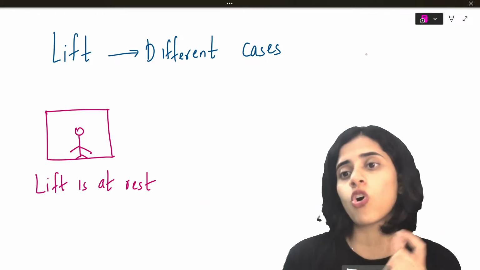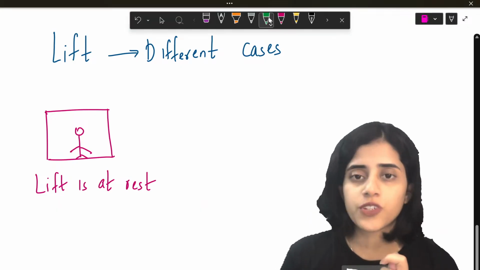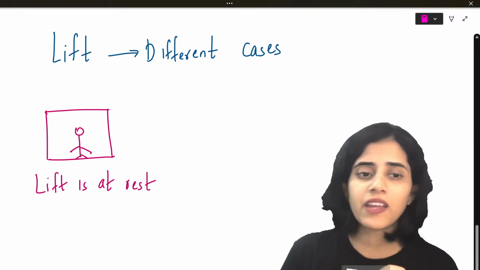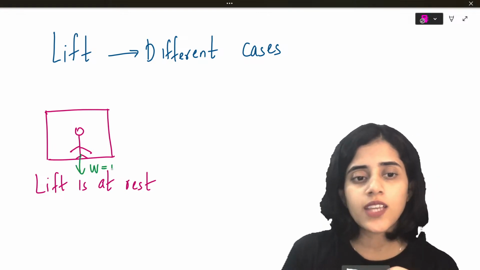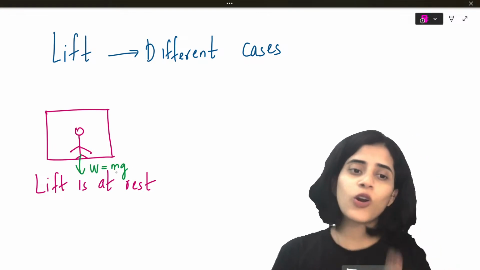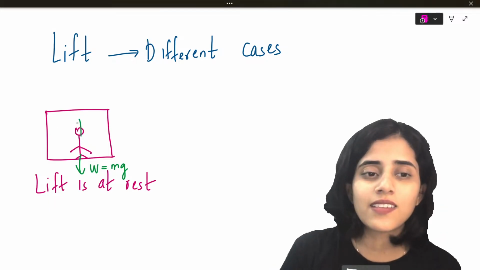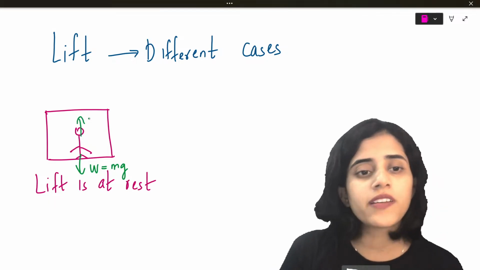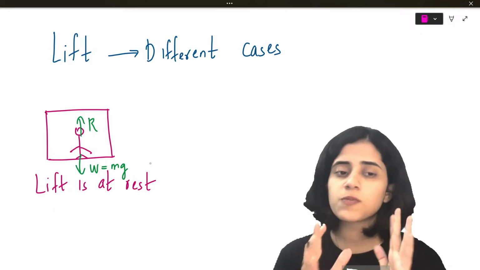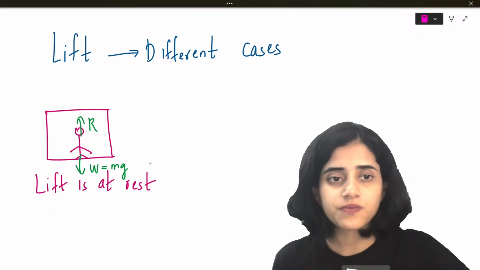Now let's resolve the forces that are acting on the lift. Obviously one main force is your weight, which is acting downwards. And if your weight is acting downwards, then there is normal reaction R acting upwards. So this much is there on the lift.